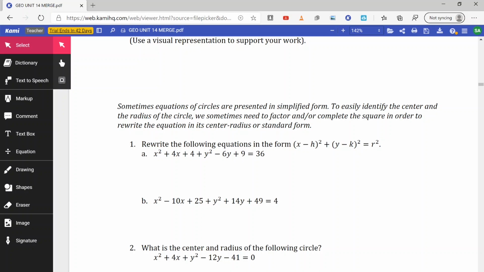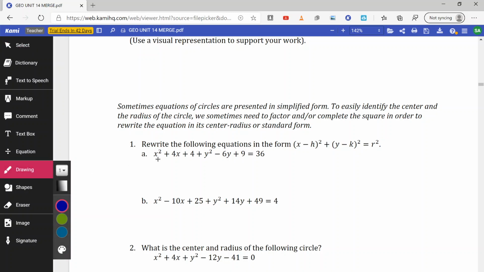Now, let's say we want to take this first equation, x squared plus 4x plus 4 plus y squared minus 6y plus 9 equals 36, and get it into our standard form. What I will do is group together. Notice here we have three terms, x squared, 4x, and 4, and then y squared, minus 6y, and 9.